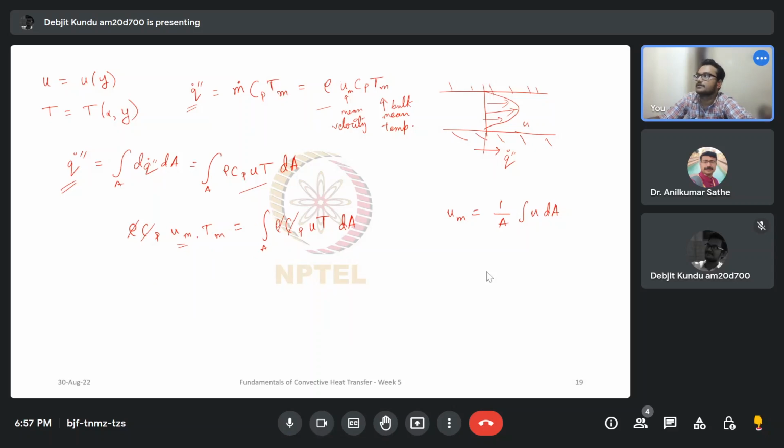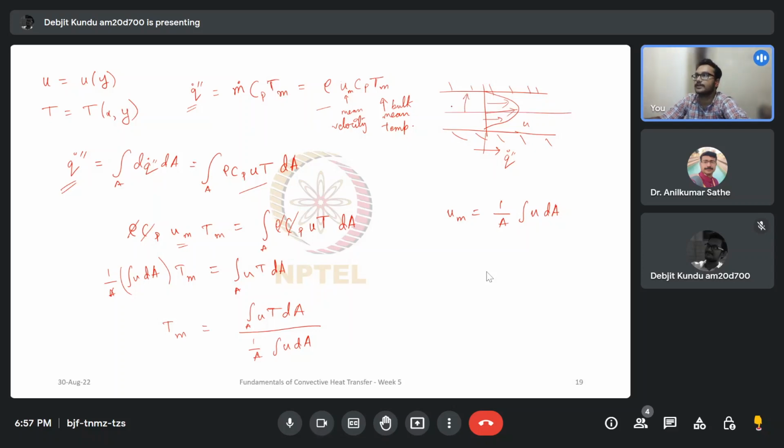So now we can simply write this as 1 by A integral u dA into Tm equal to this integral uT dA. This boils down to the integral of uT dA divided by 1 by A integral u dA.